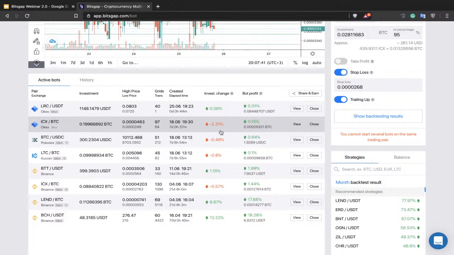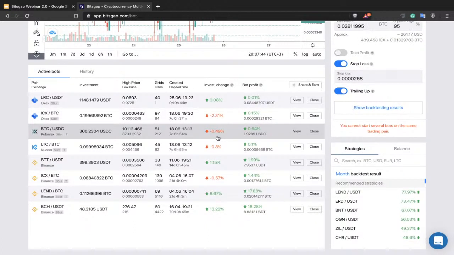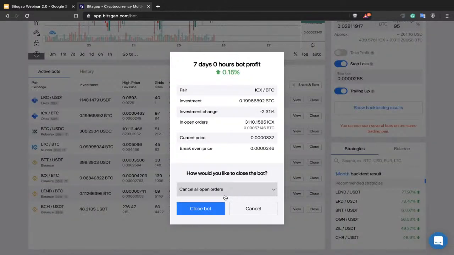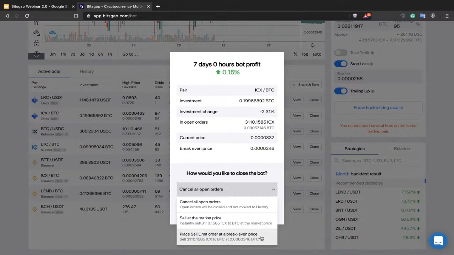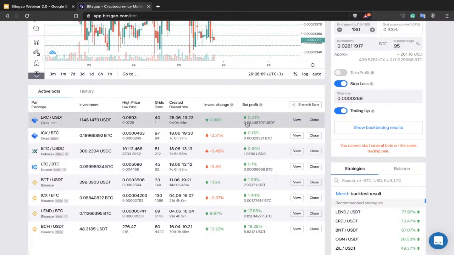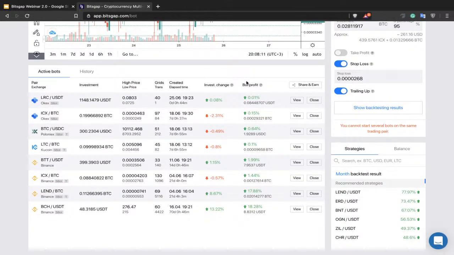In most cases, we're looking for a positive investment change, right? Because the idea of trading and investing is to maximize our returns. But when we are in the negative zone, what is left for us is to wait for the price to appreciate up to the point where our investment change is 0%. So in this case, we exit the market having no loss.